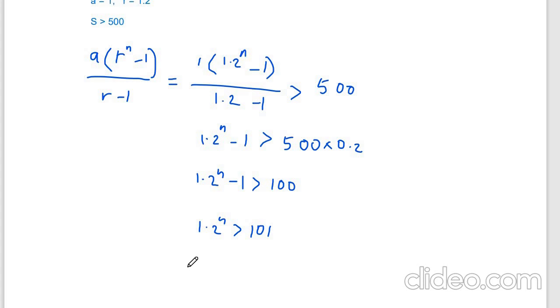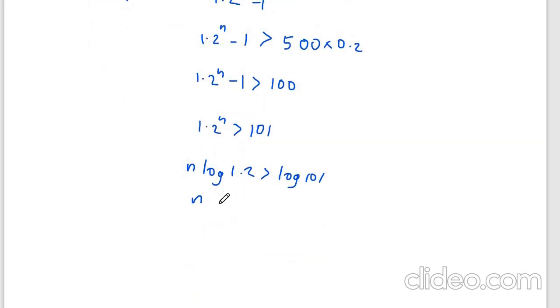So if we take log on both sides, n is going to be log 101 over log 1.2.